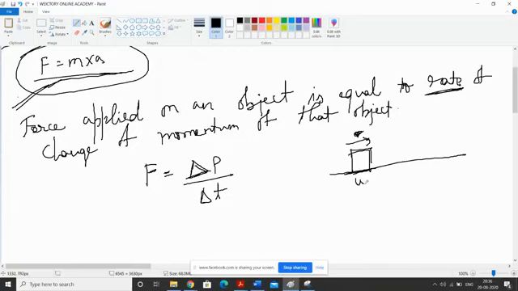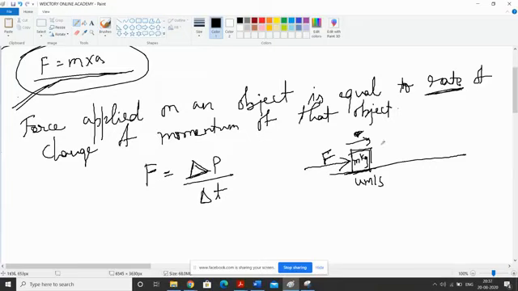Let's say initially it is moving with u meter per second, its mass is m kg. If you do not apply the force, it will keep on moving with u meter per second. But if you apply a force on it, the body will start moving faster, its speed will increase. If the velocity increases, momentum will change, because momentum is a product of mass and velocity.